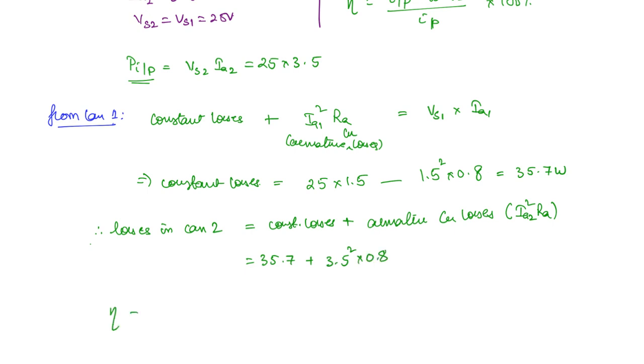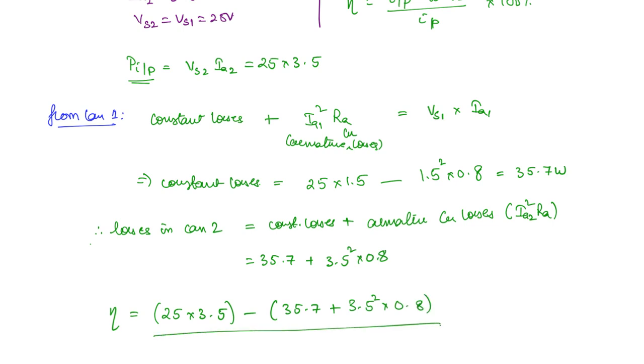So we can get the efficiency is equal to input minus losses. So 25 into 3.5 minus 35.7 plus 3.5 square into 0.8 divided by the input power, just 25 into 3.5. Okay. So this, if you calculate, you're going to get 48%.